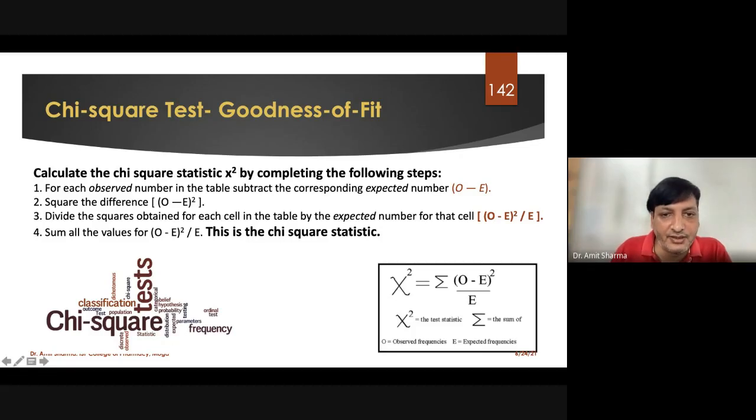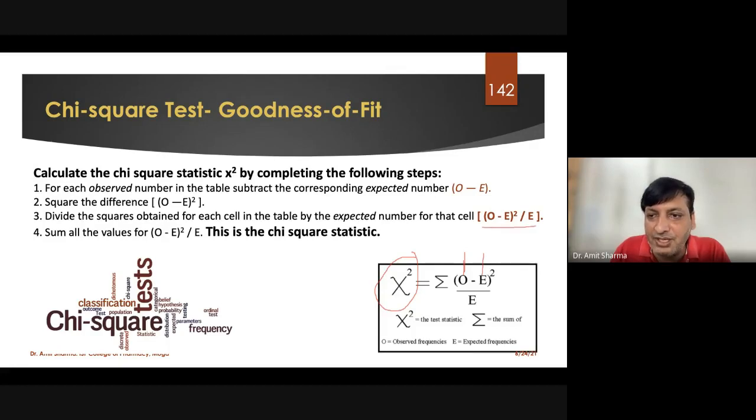Step number 1, this is the formula for chi-square. I will let you know. We have a chi-square sign, this one. What we have to do is equal to the sum of O, meaning observed, and E, meaning expected. Whatever you observe, you subtract from what you expect, or the expected from the observed, squared, divided by expected.